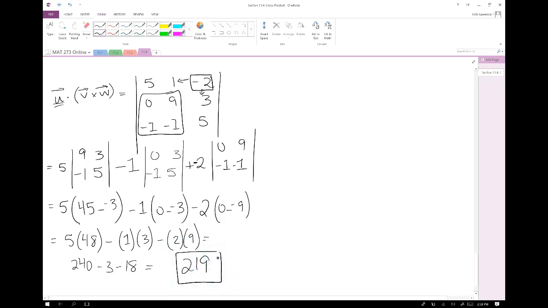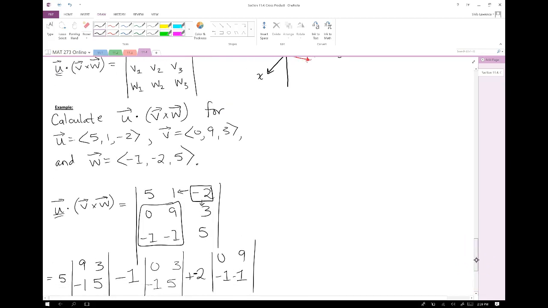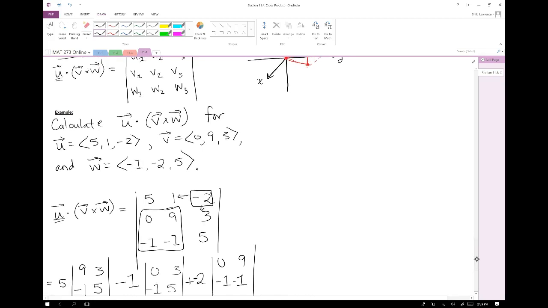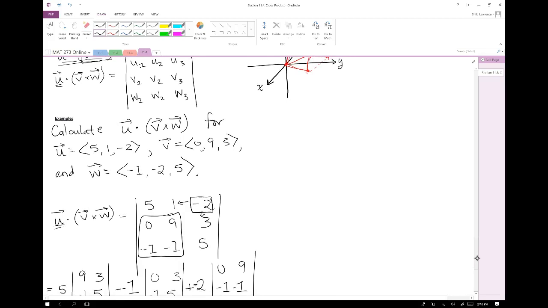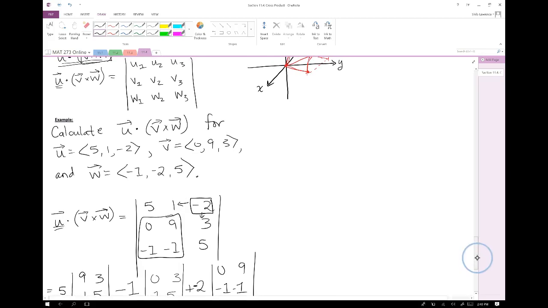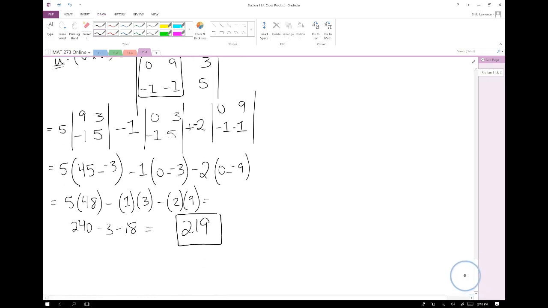That should be right. So what this has given us, if we imagine those 3 vectors, u, v, and w, being drawn in 3-dimensional space, and we were to make all of the parallelograms between them, it would make this parallelepiped, which is just a box with parallelogram sides, and that box would have a volume of 219 cubic units.